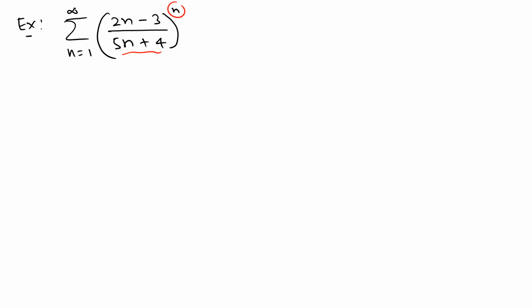And as the next one, you can try the sum from n equals 1 to infinity of (n minus 3 over n) to the n squared. You can see this term tells you that you have to use a root test.